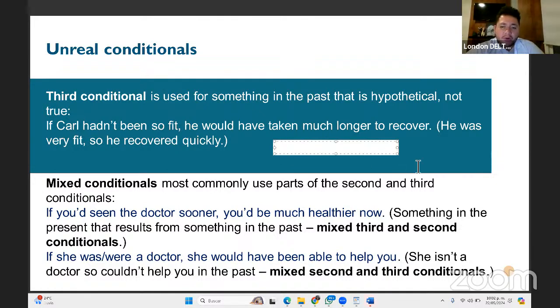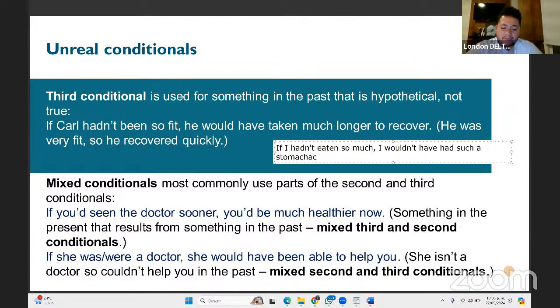Usually when we regret what we did, we would use the third conditional. For example, we would say, if I hadn't eaten so much, I wouldn't have had such a stomachache.